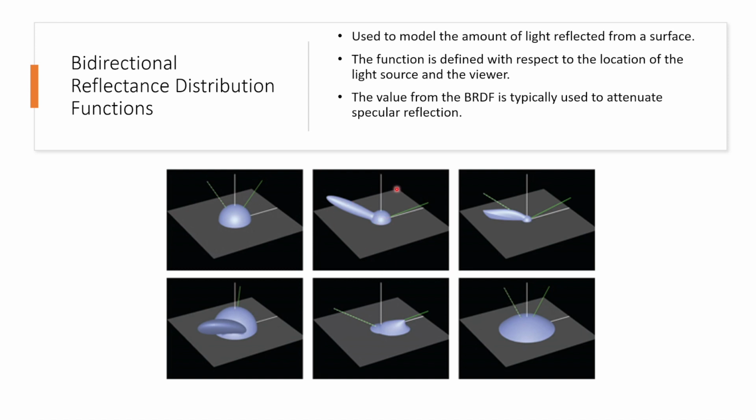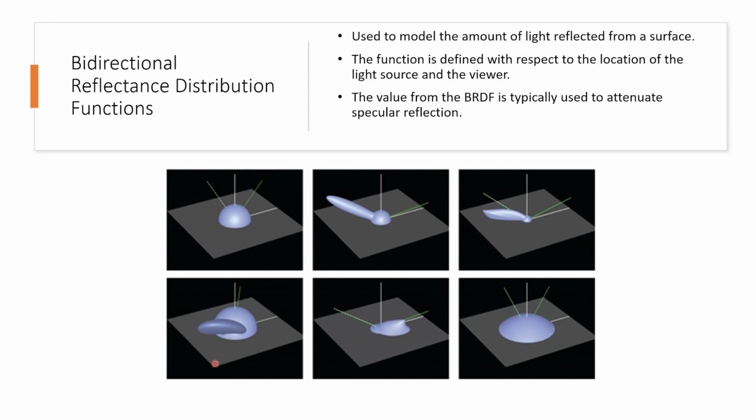And so looking at this one, for example, you can see that when the viewer is aligned to the reflection vector of the light source, they see a super bright reflection due to the extremely large value of the BRDF. But for any other viewing angle, the reflection is much smaller. And so BRDFs allow you to model various 3D properties of materials, and it gives you a bit more realism by swapping out the BRDF that is used depending on the material type.